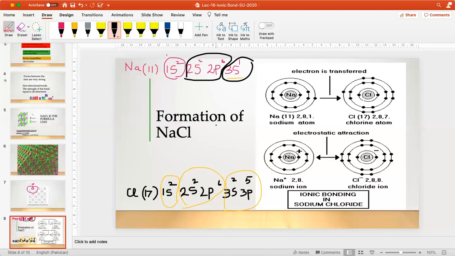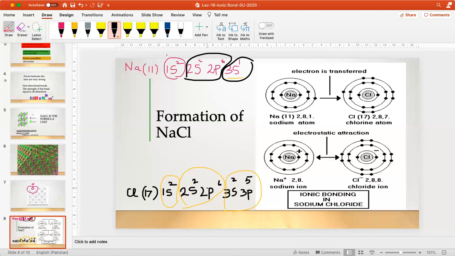Now it's very difficult for sodium to get 7 electrons to complete this shell, third shell. Similarly, it's very difficult for chlorine to give away these 7 electrons so that फिर उसका second shell जो होगा वो complete होगा.